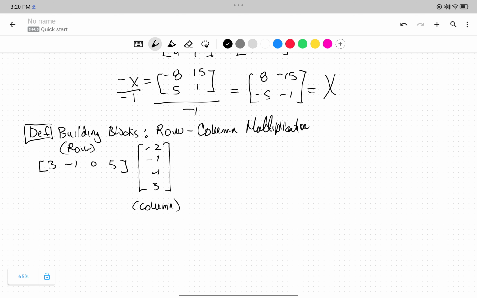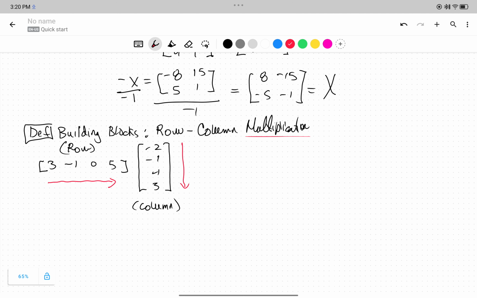So what do you do? Well, what we're going to have to do is multiply, because it's called multiplication. So you just go in a specific order. The row matrix goes from left to right. The column matrix goes from top to bottom. And you're just going to match them up.